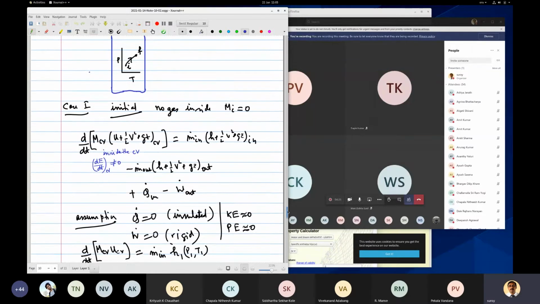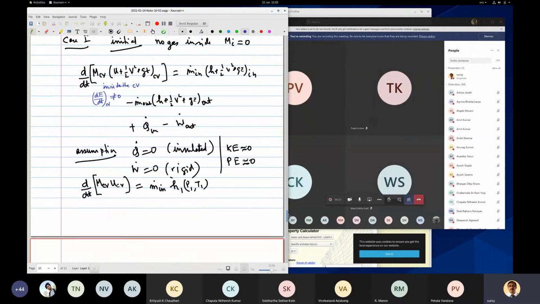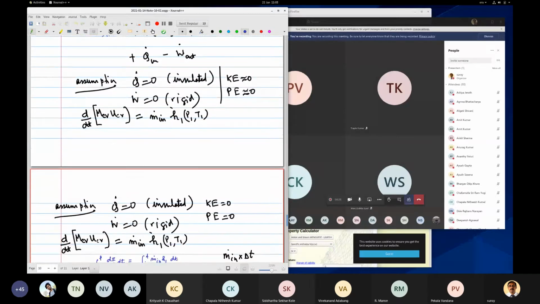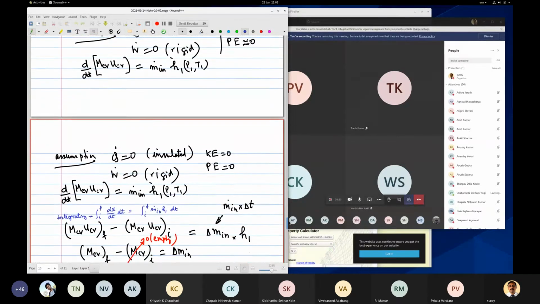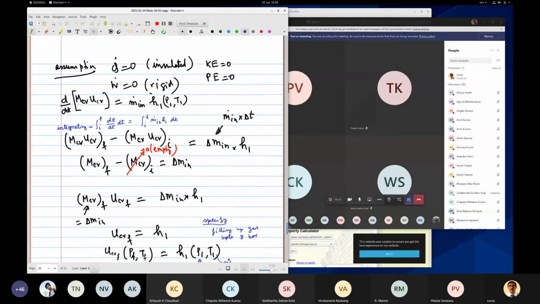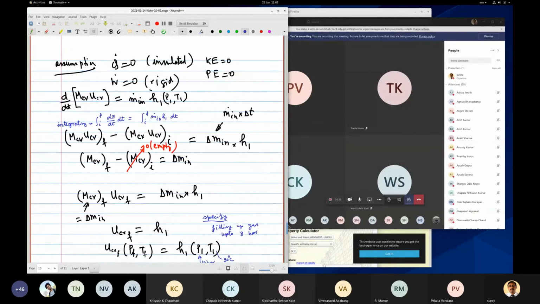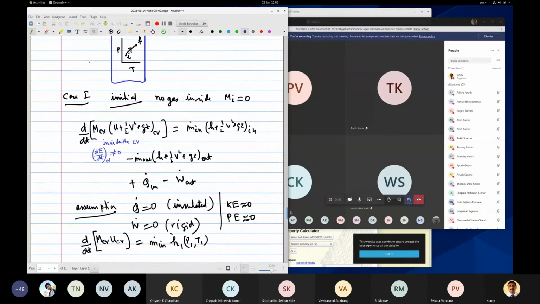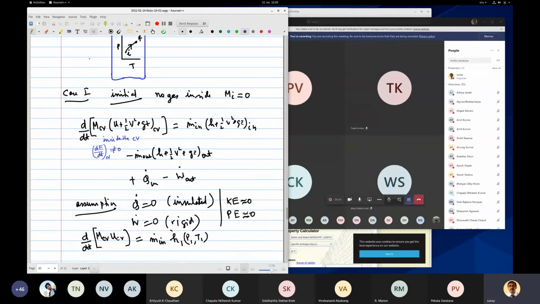And then what we found out is that, doing this, here is the original equation. The rate of change of total energy inside is equal to m dot in times the energy which is coming in per unit mass.